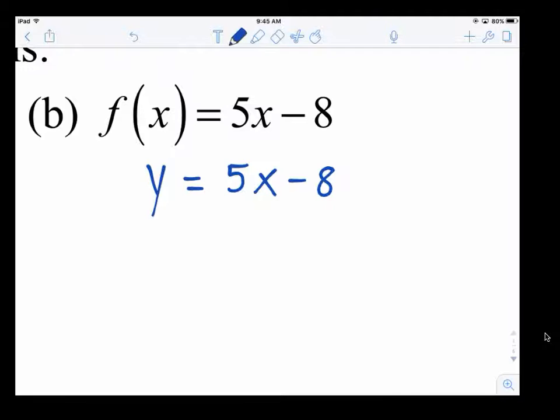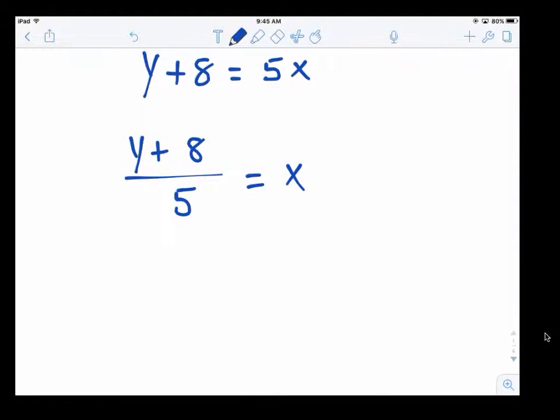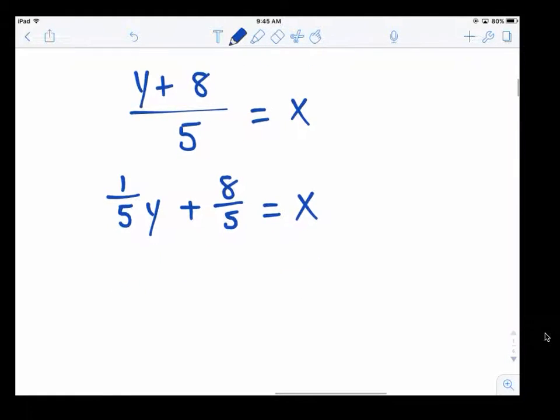All right, so I would have y plus 8 equals 5x. And then I have y plus 8 divided by 5 is equal to x. So I have 1/5 y plus 8 over 5 equals x. So then, we've solved for x now.